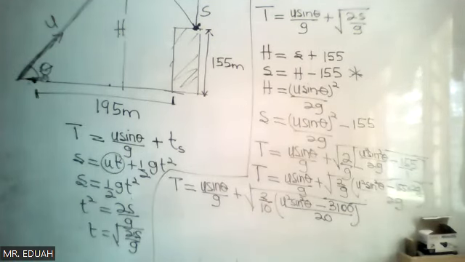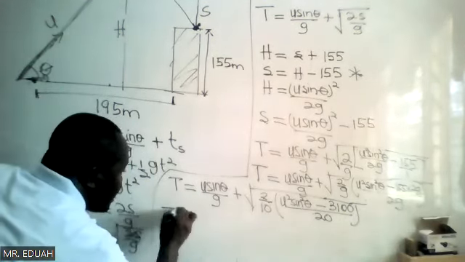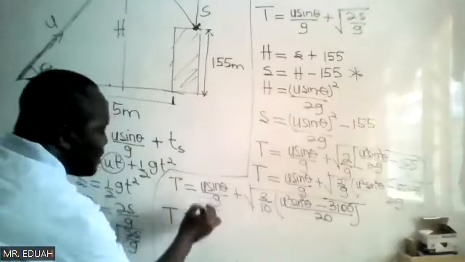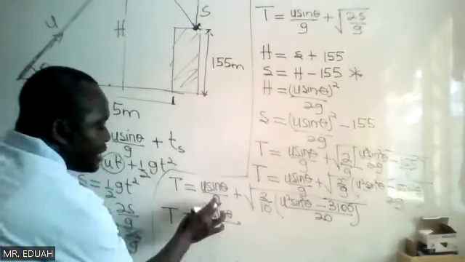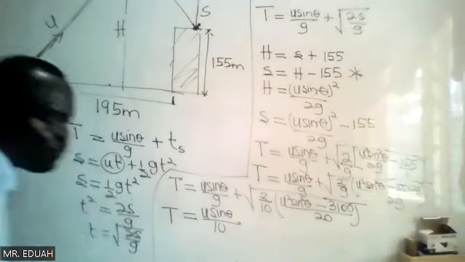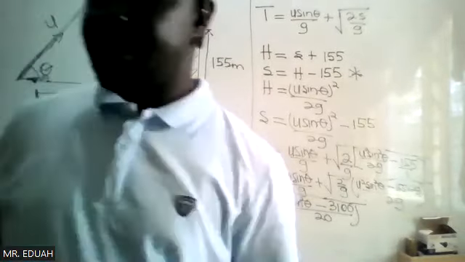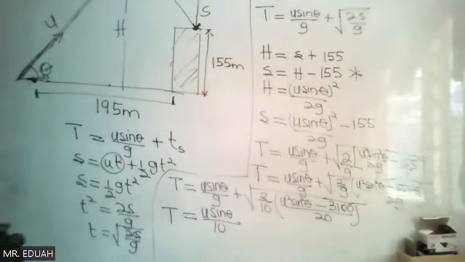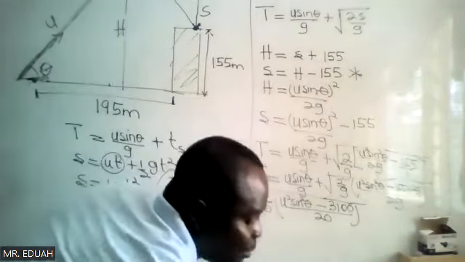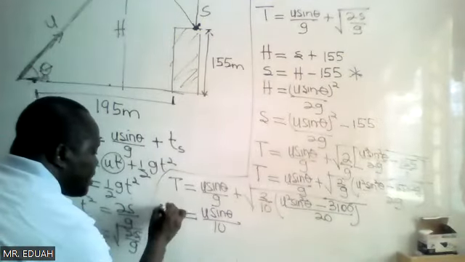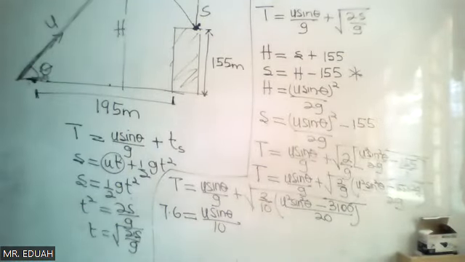So t can also be, we are looking for u, we don't know. But g is 10. Don't forget, we are also given the value of the time of flight, T is equal to 7.6.